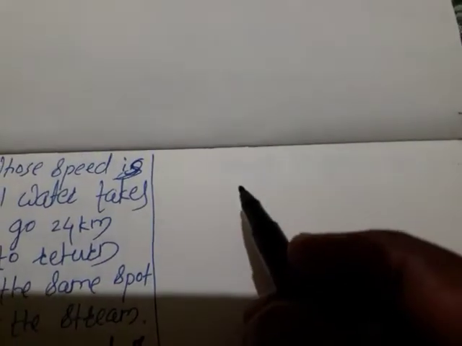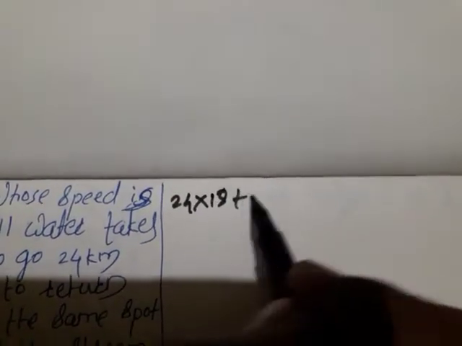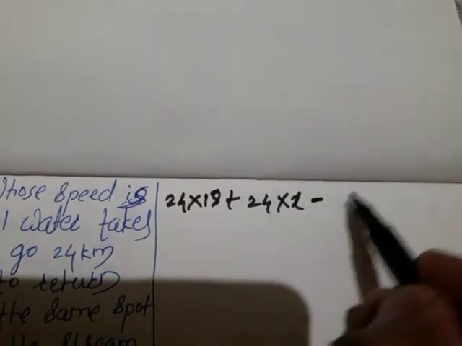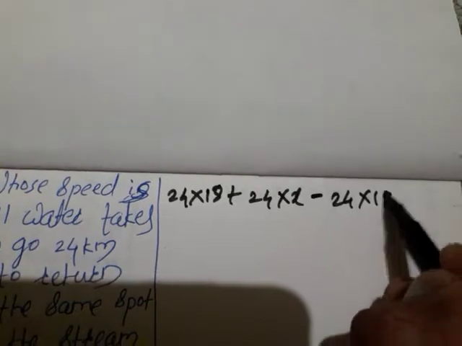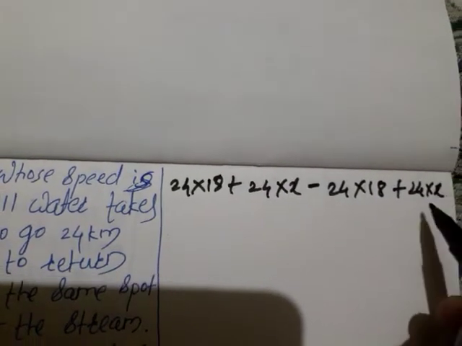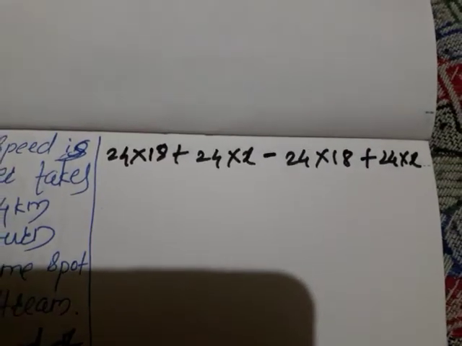See here, I will show you the next step. 24 into 18 plus 24 into x minus 24 into 18 plus 24 into x. What I got, look here, after multiplying to this bracket.